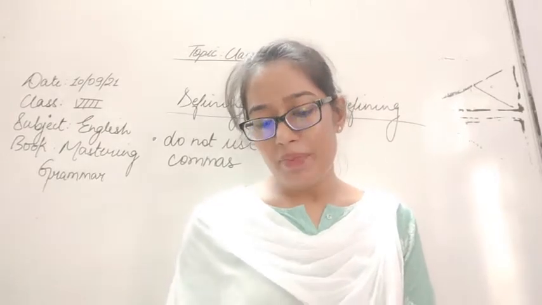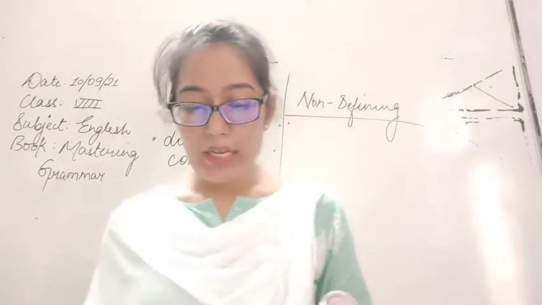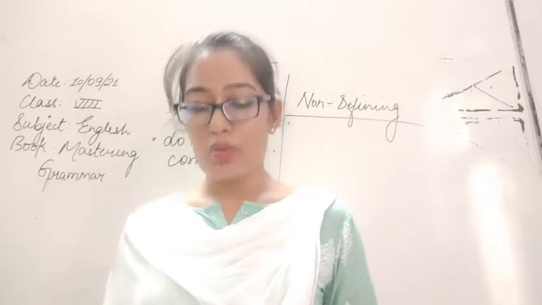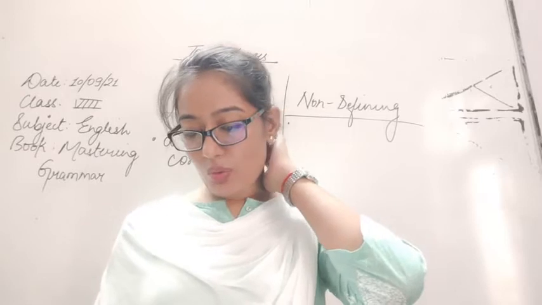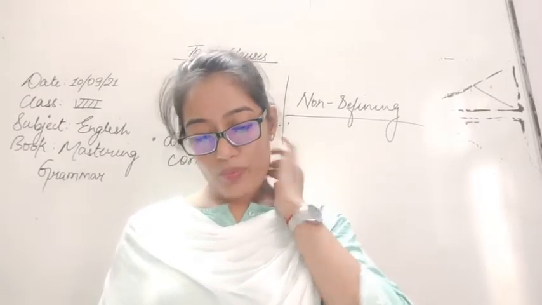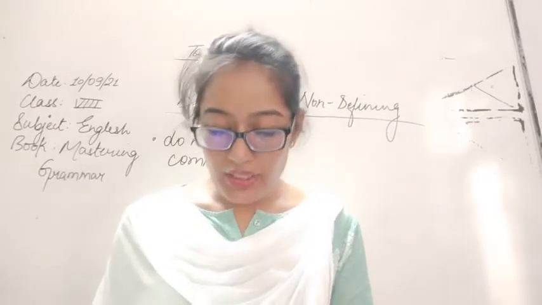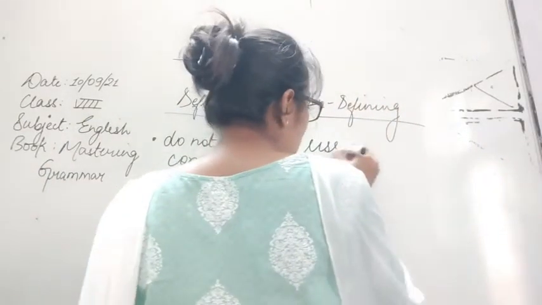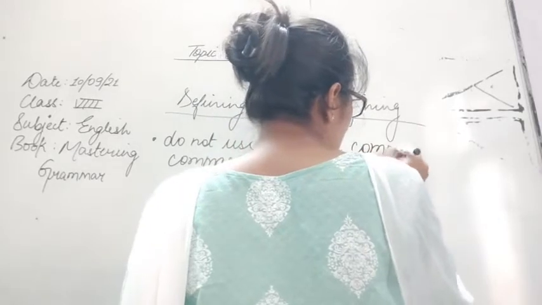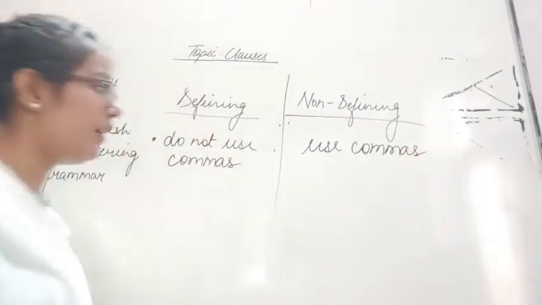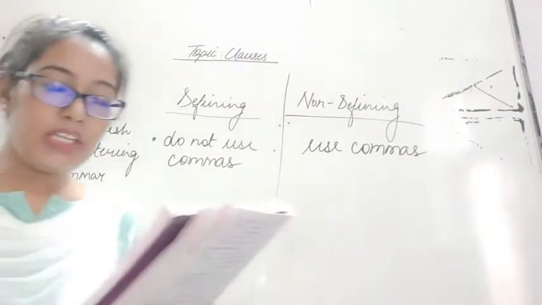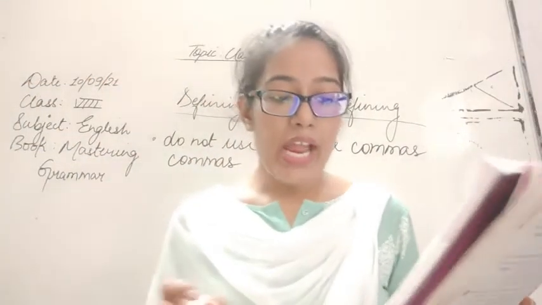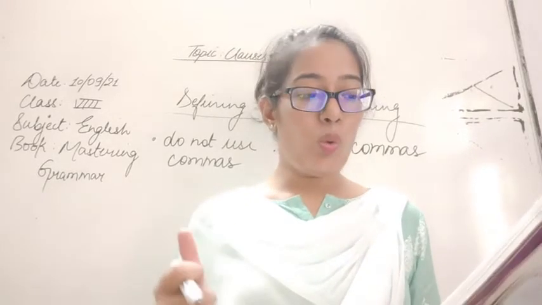For example, we stayed at a place you told us about. Look, we are not using commas. In that we use that, which or who. In a non-defining clause we use commas. Am I clear? In this we use commas, and we cannot use that and we cannot leave out who or which.